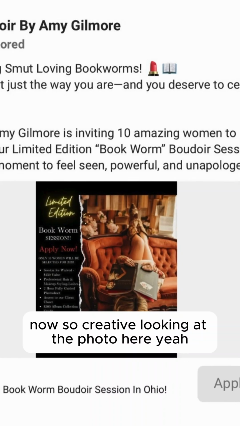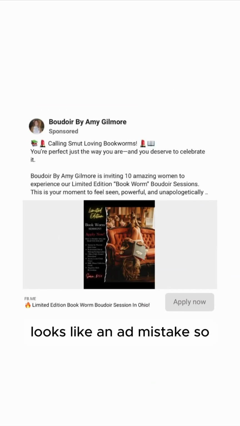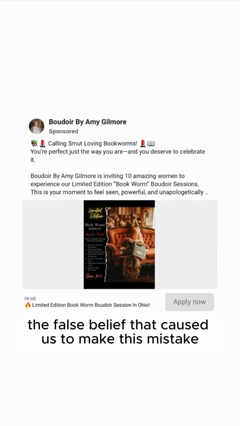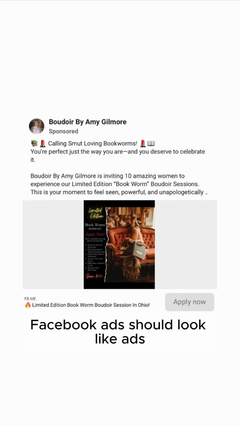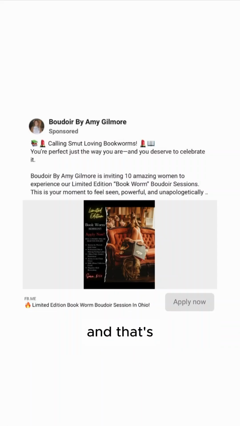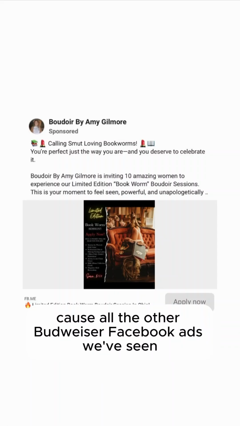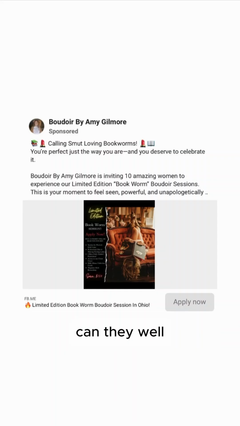Now, looking at the creative photo here, yeah, we've got the looks-like-an-ad mistake. The false belief that caused us to make this mistake is that we believe Boudoir Facebook ads should look like ads, because all the other Boudoir Facebook ads we've seen all look like ads. So everyone can't be wrong, can they?